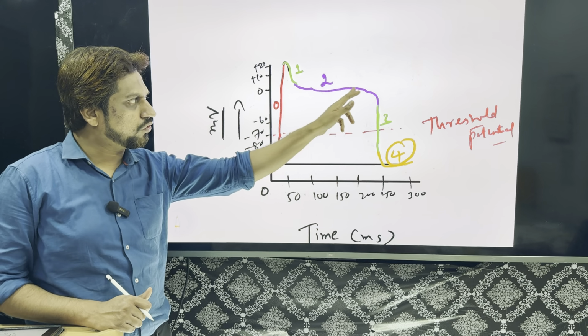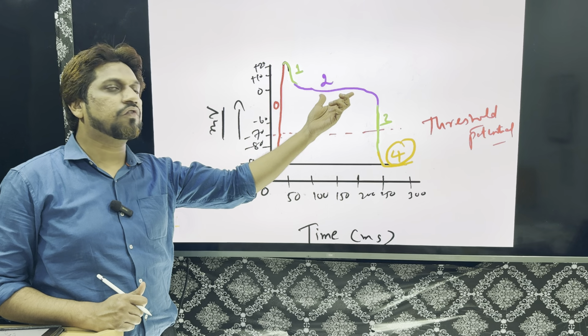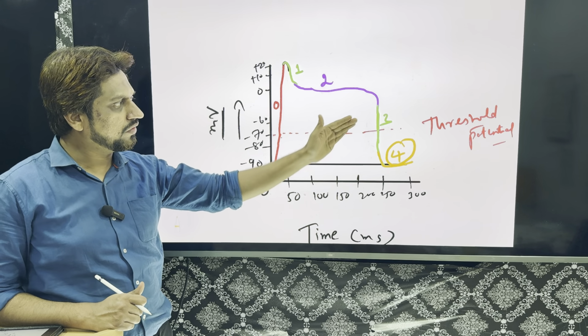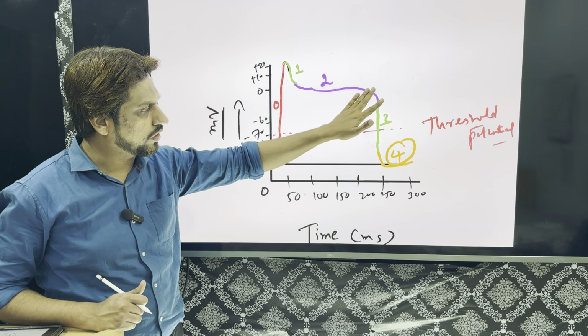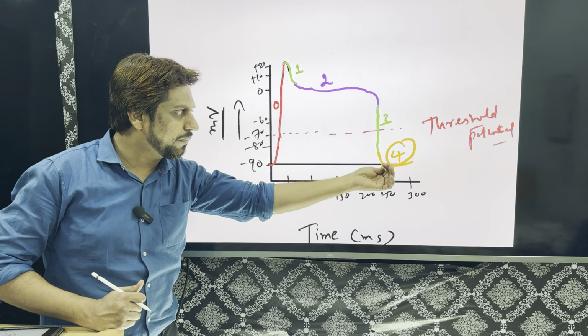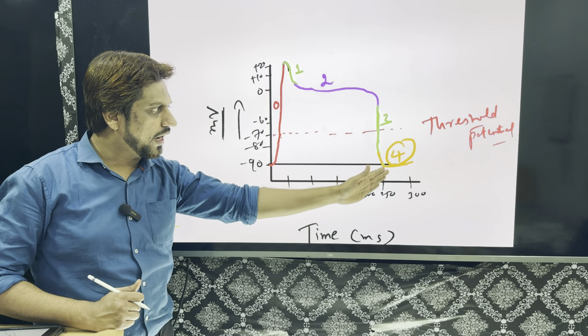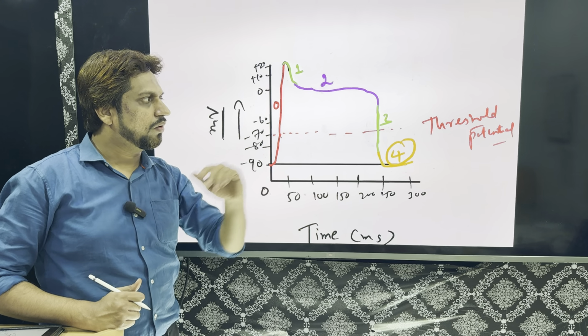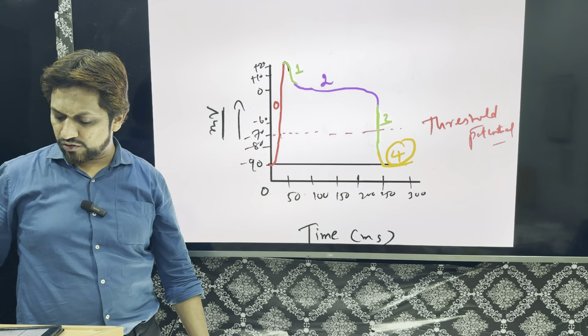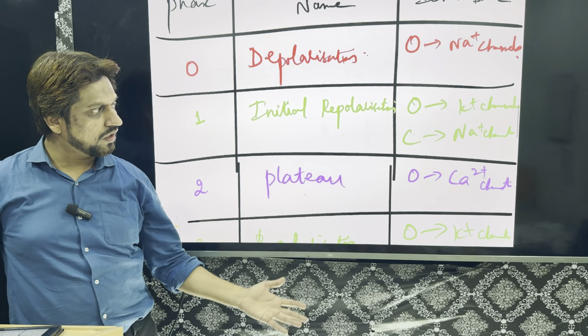Then phase 2 or plateau phase is due to the opening of calcium channels and decreased potassium exit. Afterwards the calcium channels close and potassium channels open rapidly, giving rapid repolarization, and after that comes the resting membrane potential. So we have phases 0, 1, 2, 3, 4, and you have to remember the cause or the ionic basis.